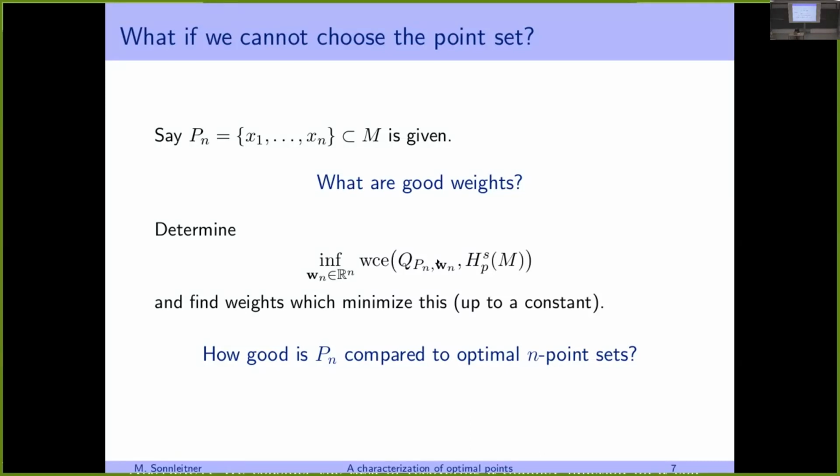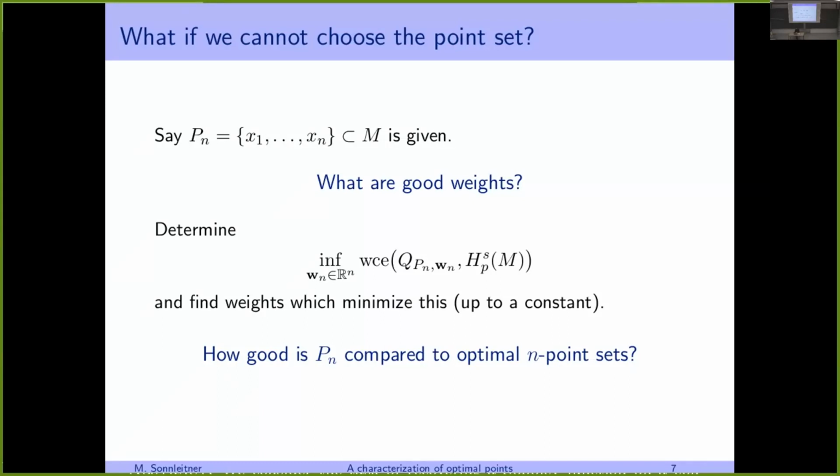And we want to ideally find weights minimizing this expression, or at least up to a constant. And we also ask the question, how good is P_n, this given point set, compared to the optimal n point sets, like spherical designs on the sphere? And we want to measure the quality of such point sets by this minimal worst case error.